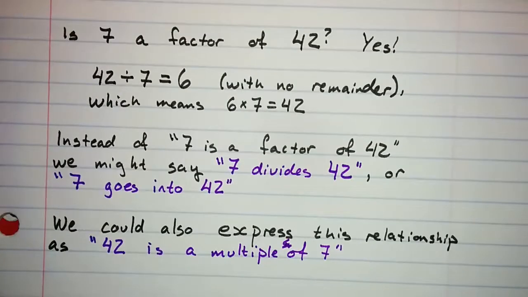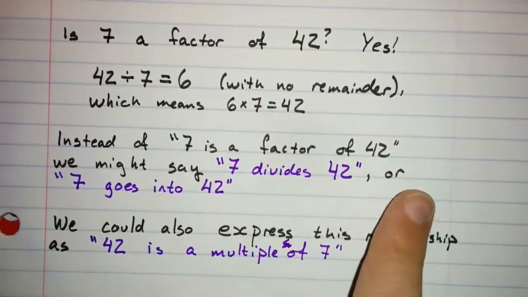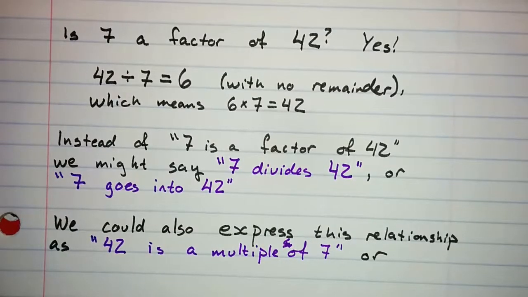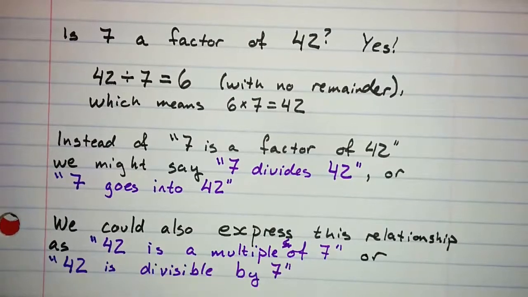We could also express this relationship as 42 is a multiple of 7. Notice this relationship. 42 is a multiple of 7. 7 is a factor of 42. They're reverse of one another. Or we could also say 42 is divisible by 7. So we can divide 42 by 7.